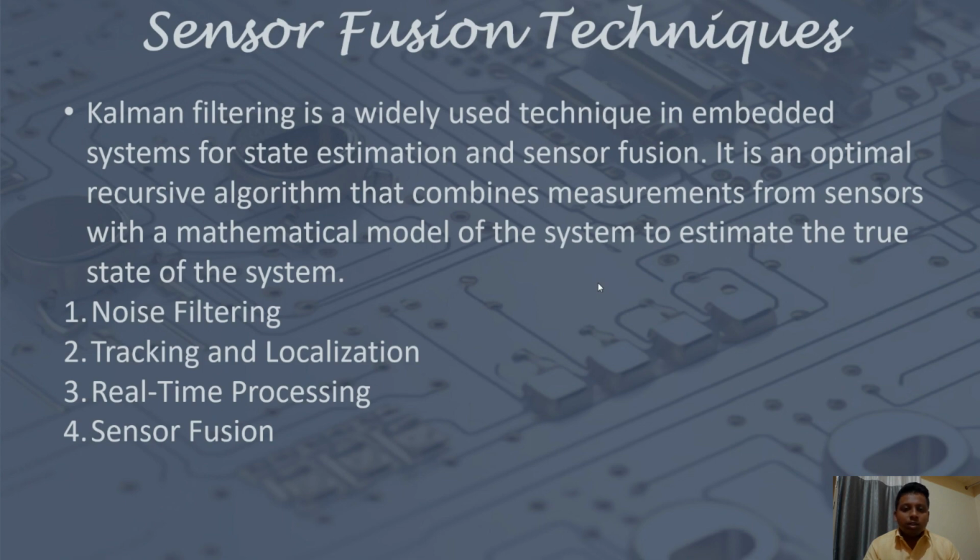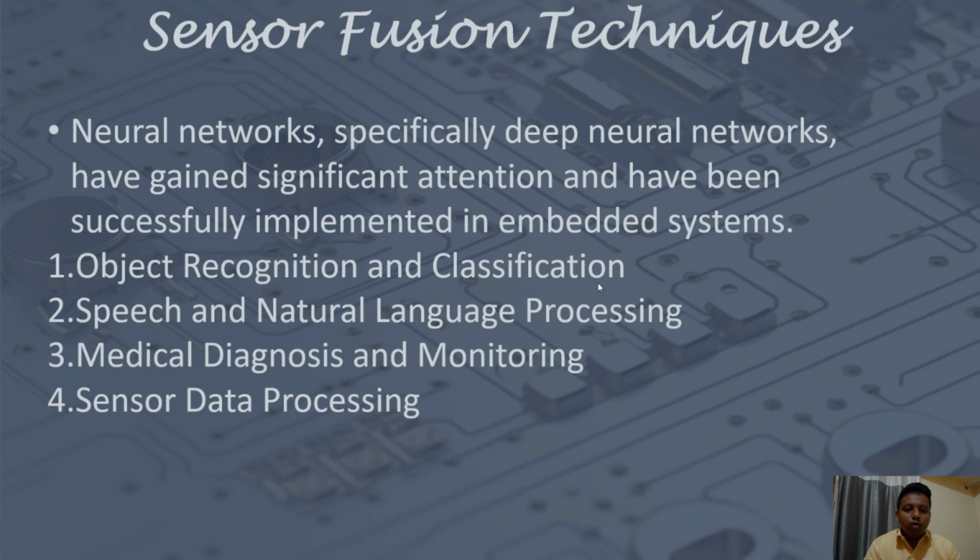Next, we move on to the next technique, neural networks. This is a type of technique we use for combining many things to make a single embedded system, like object recognition and classification. As the name suggests, it recognizes an object and specifies the type of the object. Speech and natural language processing. This is used for recognizing the voice and the language we use for voice and text.